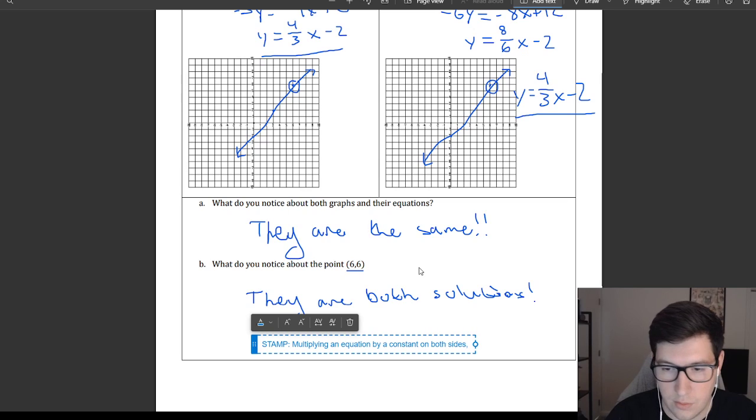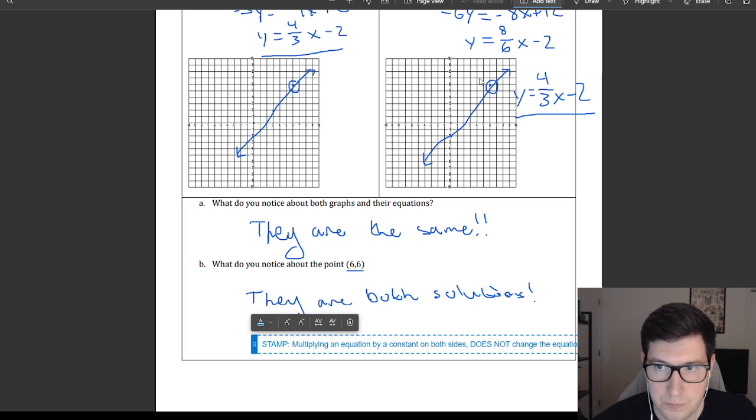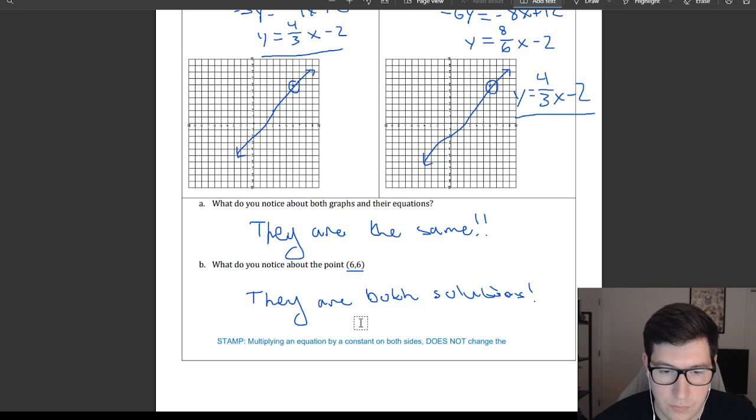We're going to make this really nice and bold. Does not change the equation. So again, we have here that multiplying an equation by a constant on both sides does not change the, oh, I forgot the word equation. Equation.